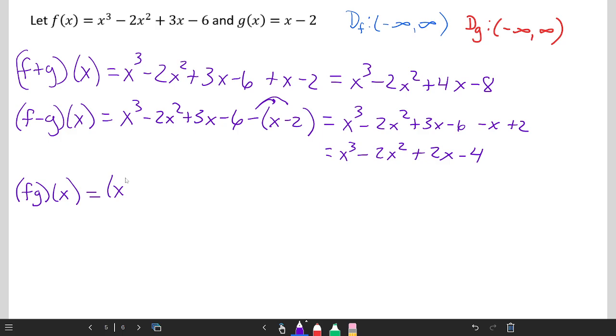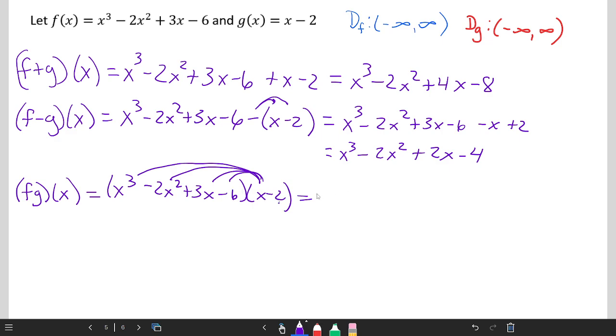F times g is going to look like this. So we can expand that out by multiplying the x times every term in the first set of parentheses, and then doing the same with the negative 2.